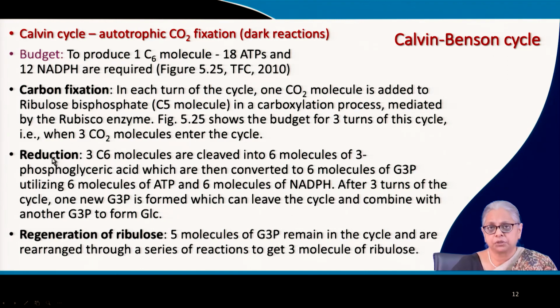Now in the reduction part, the second step, let me back up a little bit. One carbon dioxide, when added to ribulose bisphosphate, generates a C6 molecule. So 3 of these C6 molecules are cleaved into 6 molecules of C3 compounds.